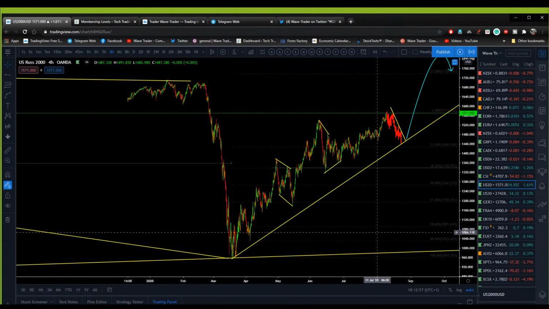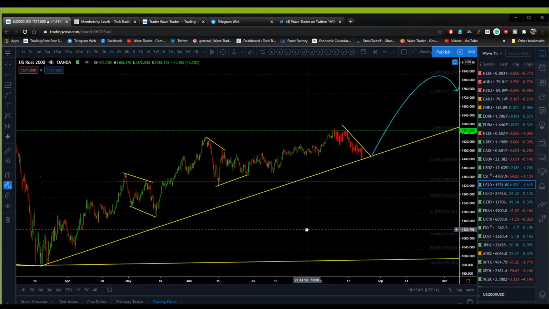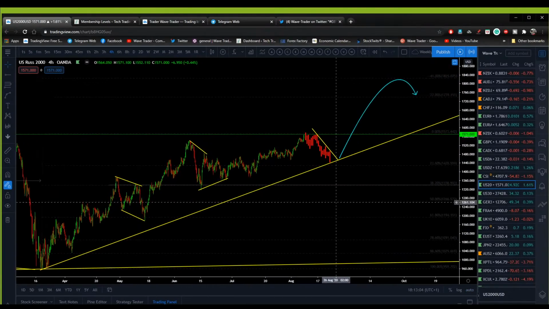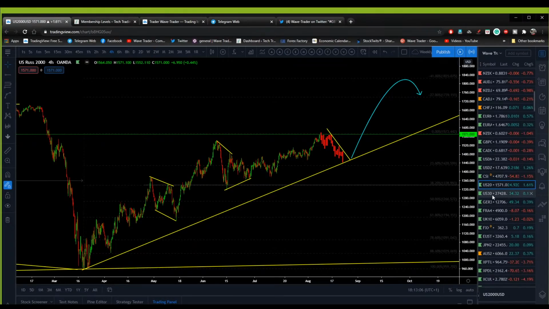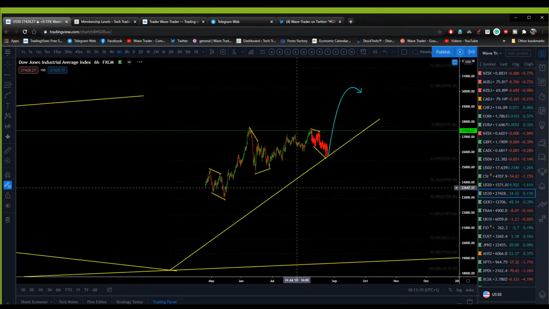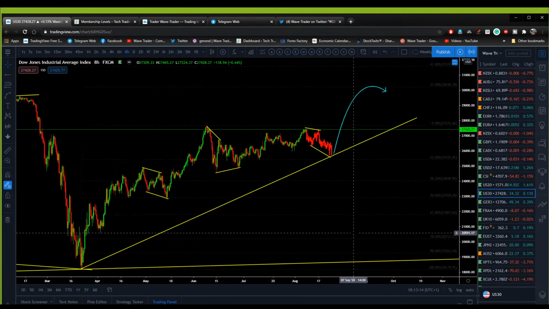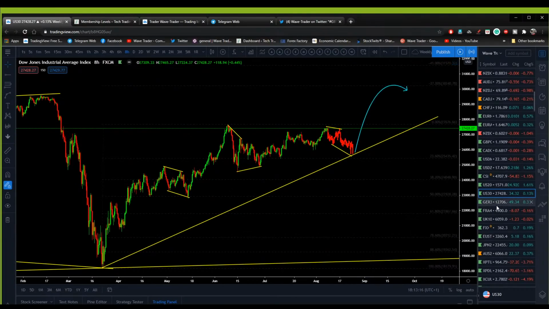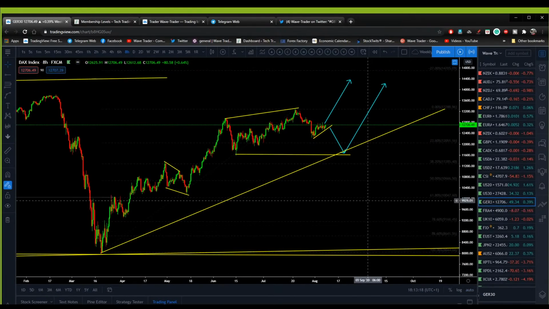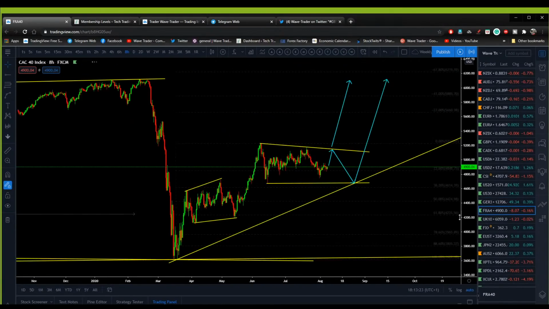On the indices, I'm quickly going to go through them because time is short. Correction and next wave. Let's go to the bigger time frame, slightly bigger. On indices, pullback needed, go higher. German 30, pullback back to this bottom, expanding triangle, go higher.